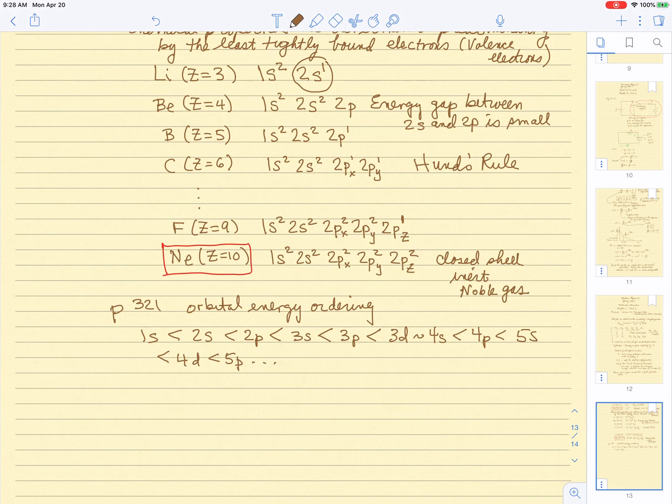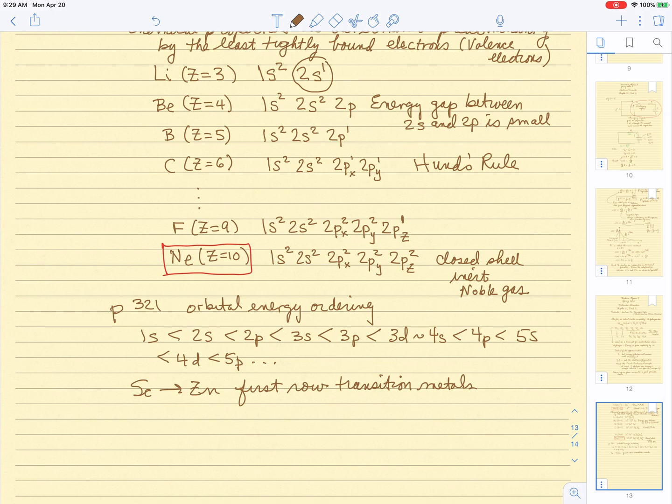If we look at that row from 21 to 30, from scandium to zinc, these are what are called the first row transition metals or transition elements.